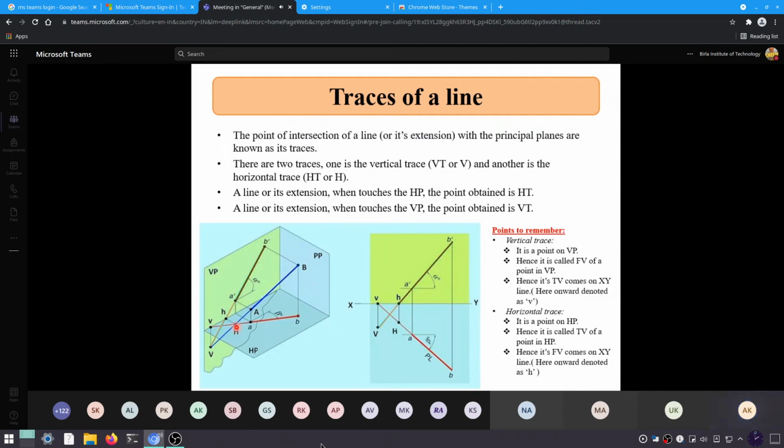And here, if you extend it further at capital V, you can see your front view will meet the blue line, that is the true line over here.